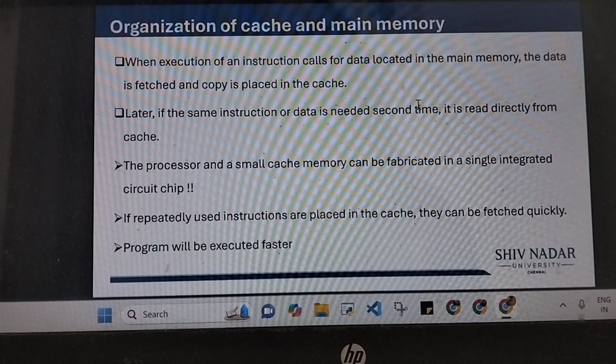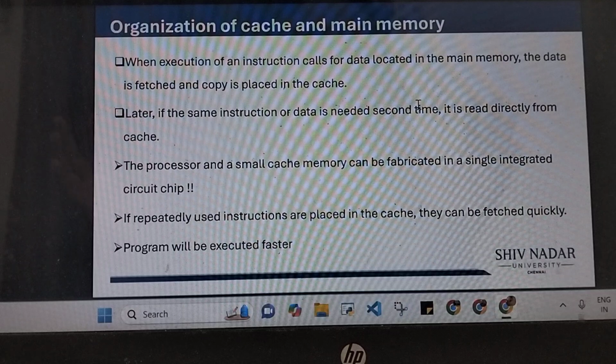Secondly, the cost also increases for smaller ones. So your registers and cache memory are very expensive compared to your primary memory or secondary memory. So these are the broad points which you need to remember when talking about the memory hierarchy.